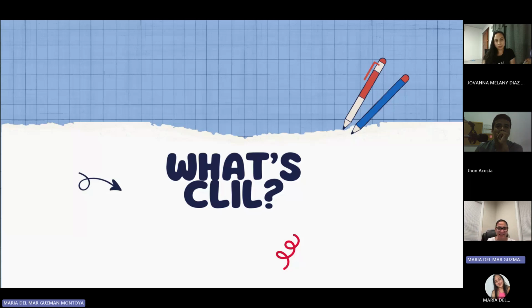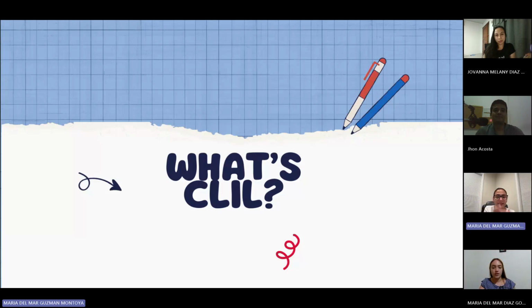A fundamental aspect of CLIL is the CLIL 4Cs framework. Content, what the students learn. Communication, how students use language to express themselves and learn. Cognition, how students think and process ideas.